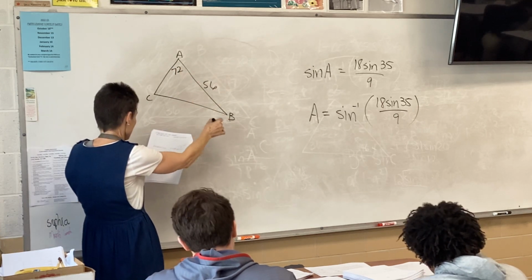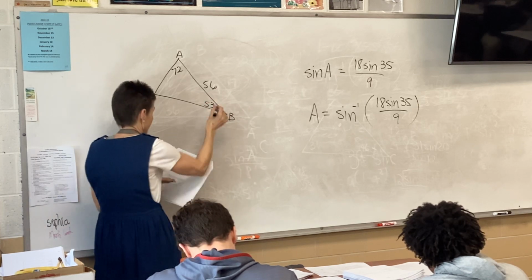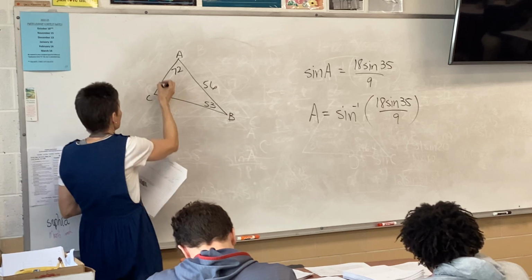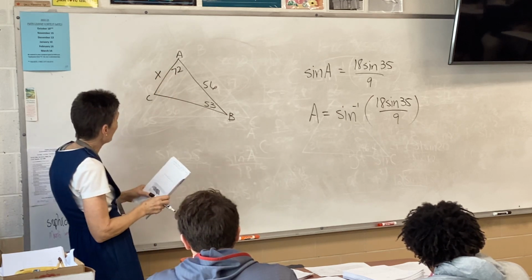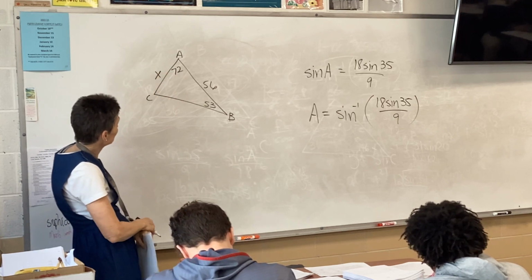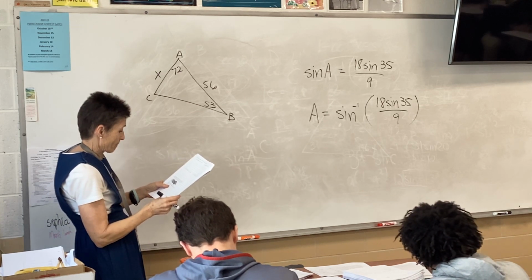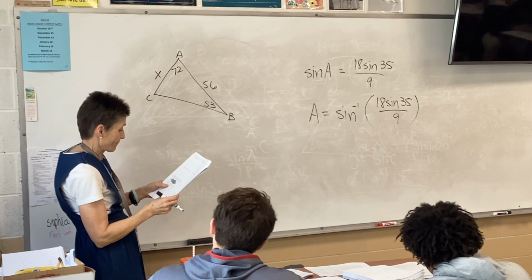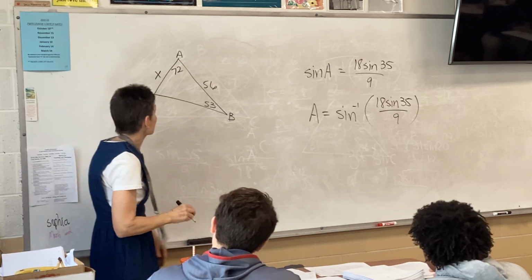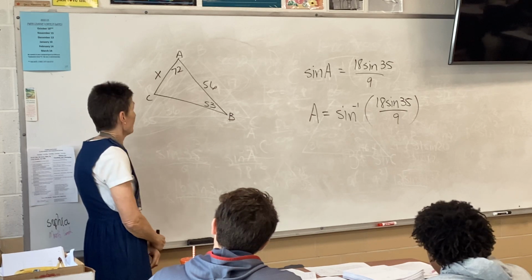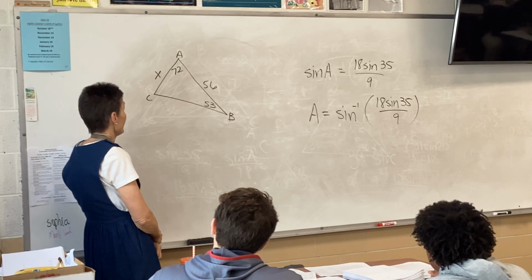And ABC is 53. Find the distance between C and A, so I'll call that X. Okay, what do you think? Is that okay? All right, so how am I going to find X?